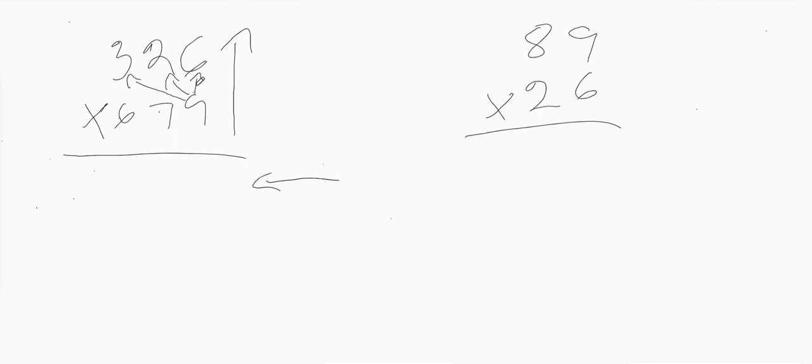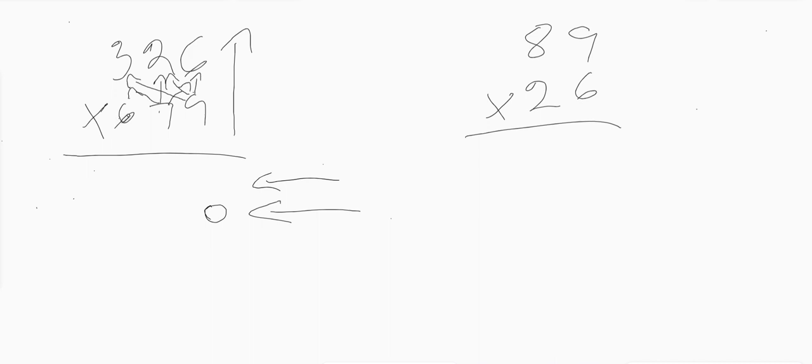Now your row 2 under the 7. This row, you're not using this column, so you're going to have a 0 here. You can write it now, or you can write it when you get to the second row. This one, you're going to have 7 times 6, 7 times 2, and then 7 times 3.